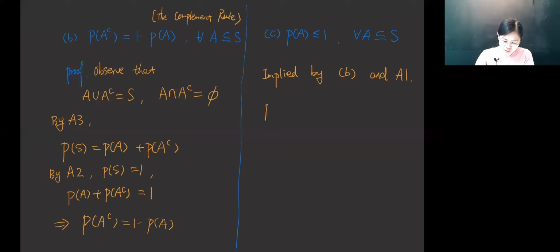You can see for any event A, P of A equals 1 minus P of A complement. And by A1, this P of A complement should be non-negative. Therefore, that implies P of A must be less than or equal to 1. So this is by A1.